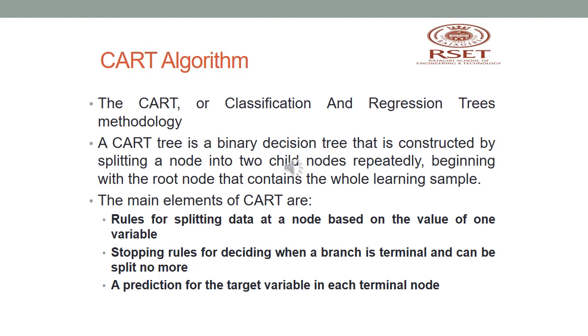Another element is stopping rules for deciding when a branch is terminal and can be split no more. And the third one is a prediction for the target variable in each terminal node. So these are the three main elements of a classification and regression tree.